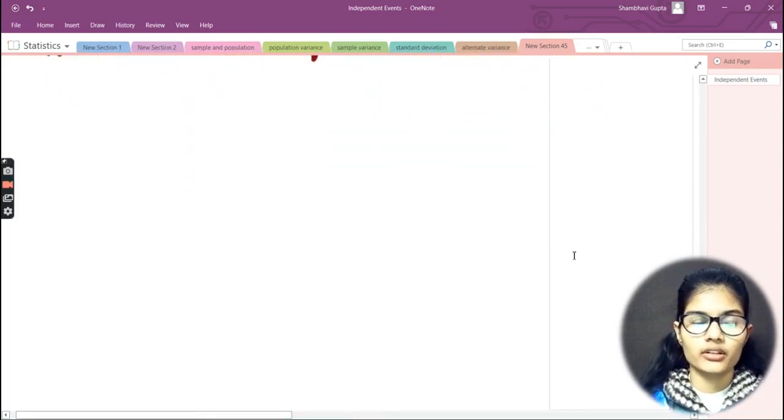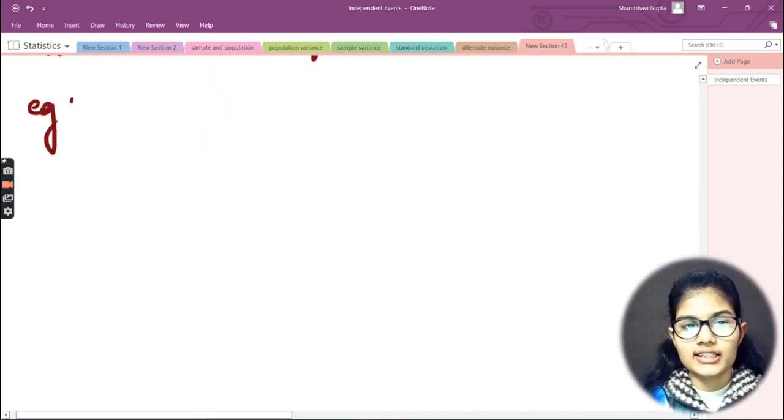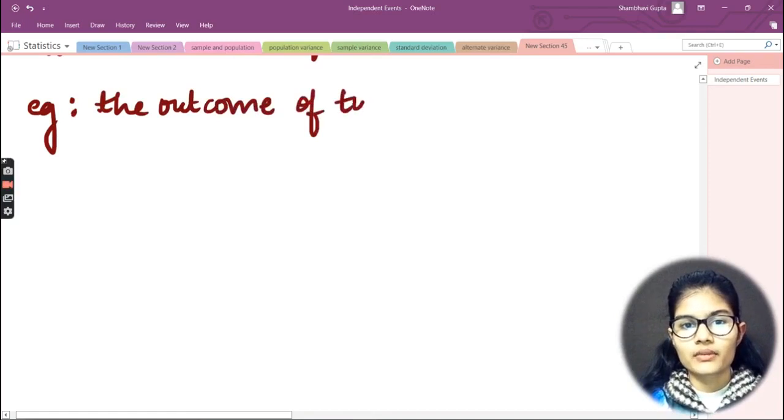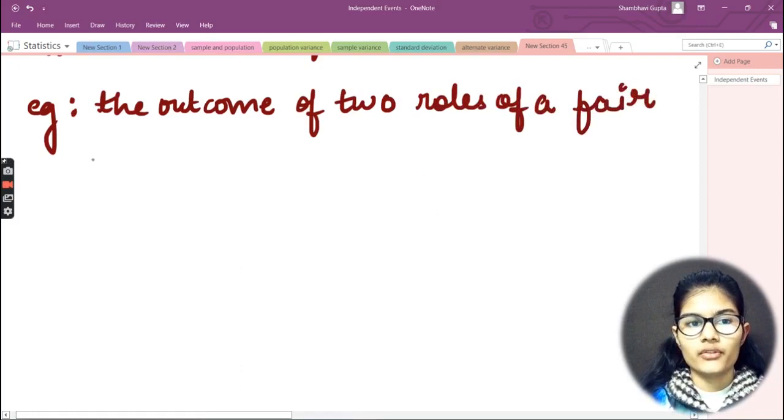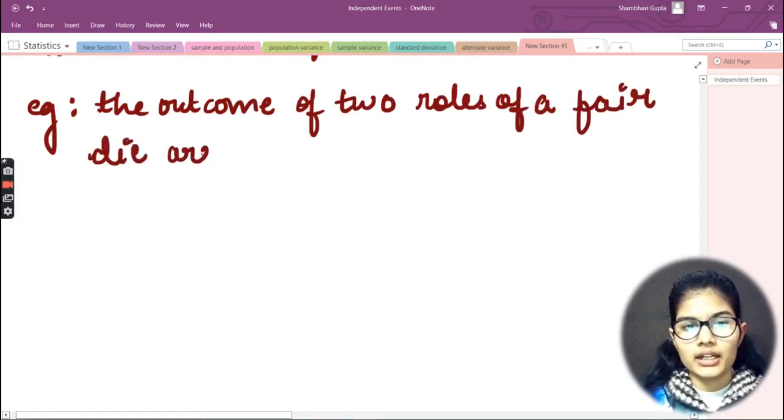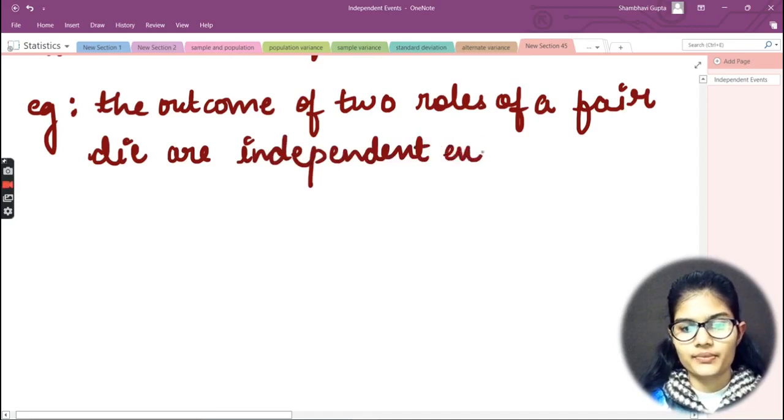It would be clearer while writing it out, so let's take an example: the outcomes of two rolls of a fair die are independent events.